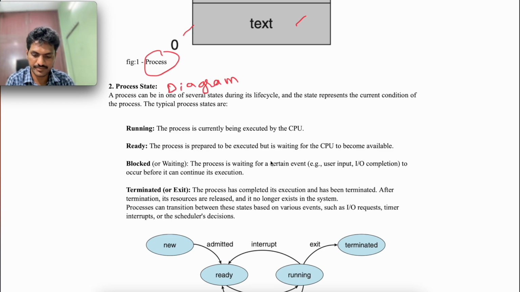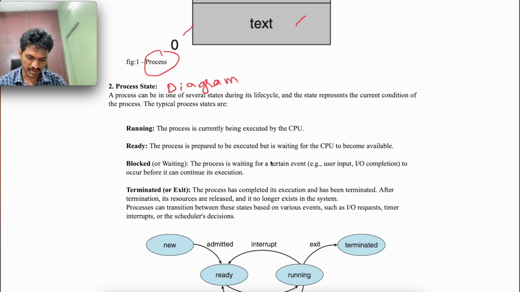In the exam, you may find a question like explain process state diagram. If you see that question in the exam, start by writing the definition of the process first, and mention the states of the process.